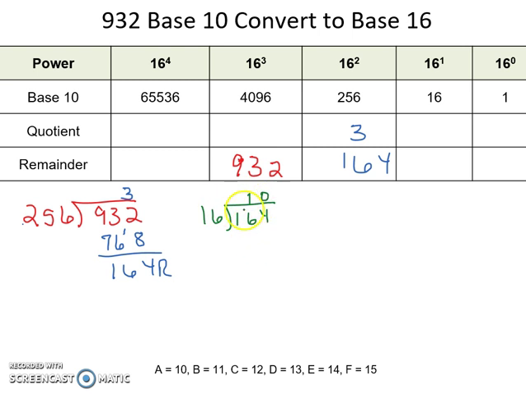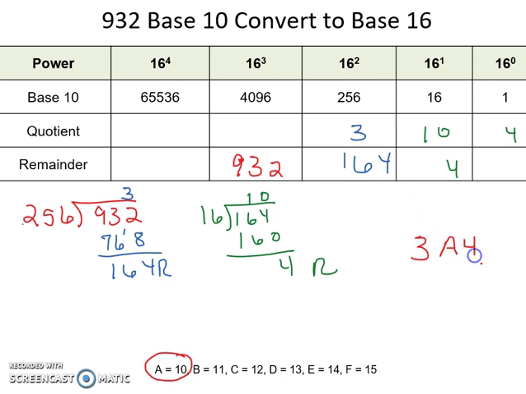So that's a 10. 16 goes into that 10 times, 160, and we have a 4 as our remainder. So this is a 10, and this is a 4, so the 4 goes here. But 10, remember, we write as A. So this is 3A4 in base 16. And this was 932 in base 10.